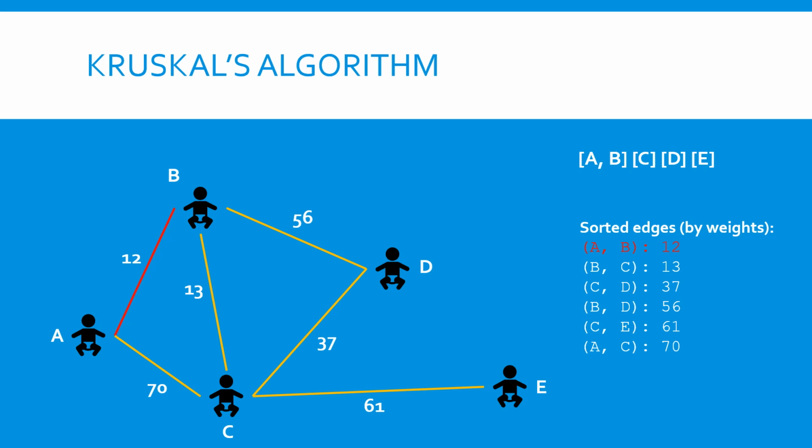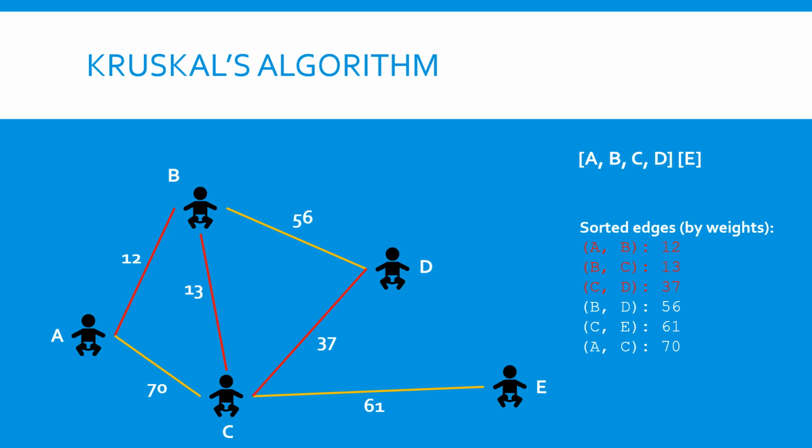And since B and C are in different sets, we can take this edge. Similarly, we merge the sets for B and C. The next edge is CD, which again connects nodes from different sets. And we shall take this edge as well. We merge the sets for C and D.